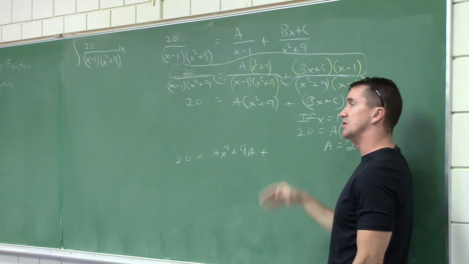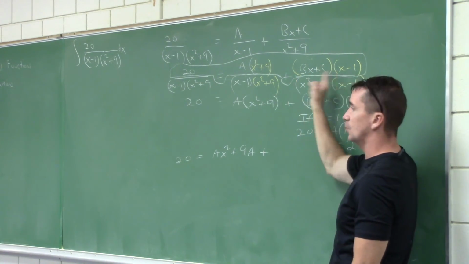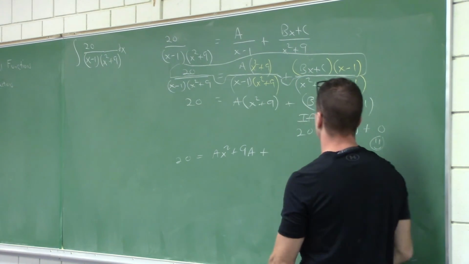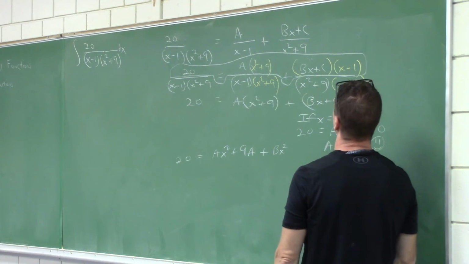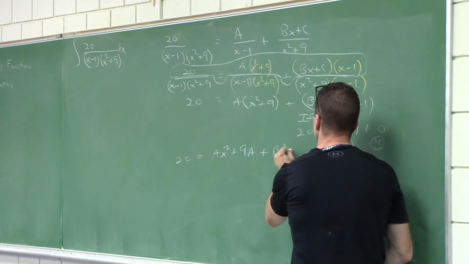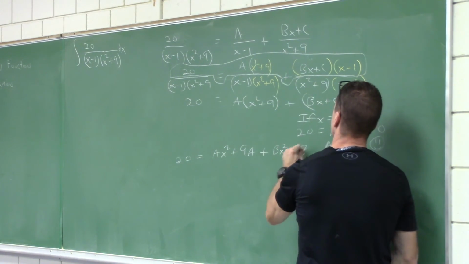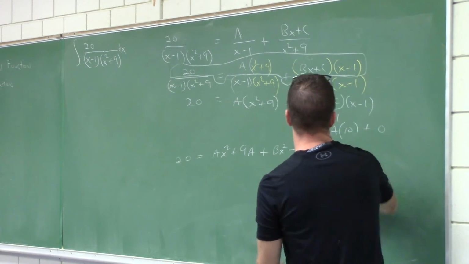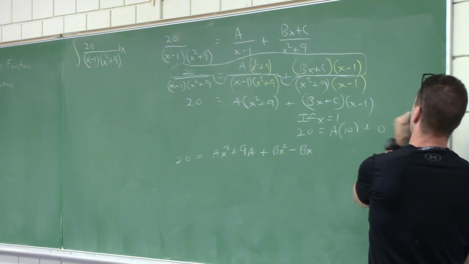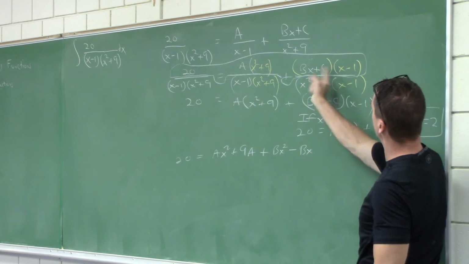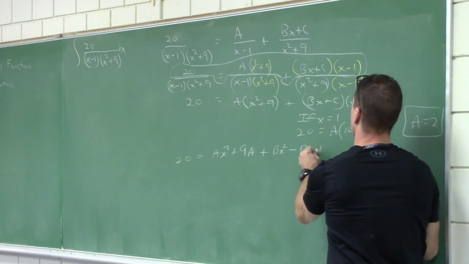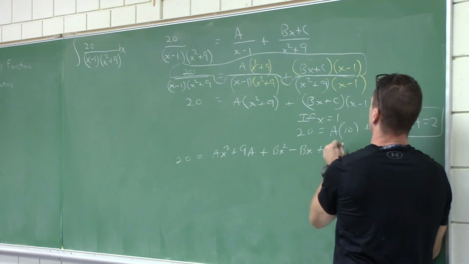So when I'm now gonna do the process of equating coefficients, I'm gonna FOIL this all out. What's bx times x? Bx squared, minus bx. Almost done FOILing? Here, I'll do this other way. We know a is 2. Minus bx, do the inners, plus cx minus a what?